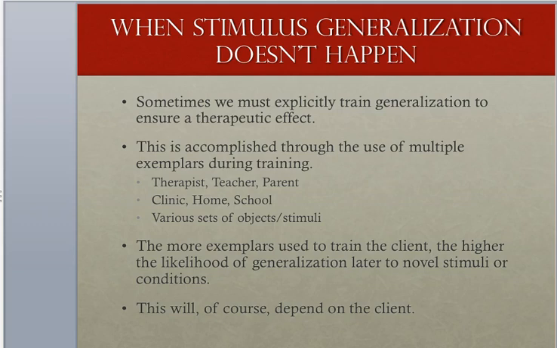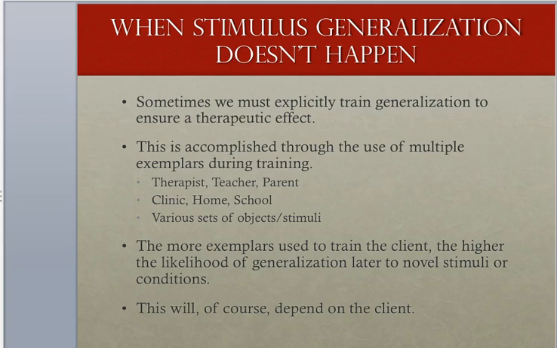I mean, if they're only going to use their new behaviors in the therapist's office, it's not going to be very effective. So sometimes we have to actually do more training with them to get them to learn how to generalize to other responses or other stimuli. And this is usually accomplished through something that we call multiple exemplars. So we train them with many different examples during training.